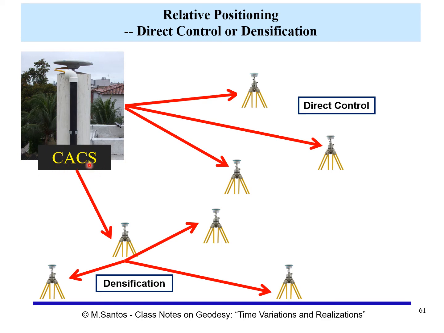We can get the observations and use them, and we can densify, so bring a point around the region that we want to survey. This point could serve as an RTK station for a nearby survey, or we could basically establish some control points directly from the Canadian Active Control System.